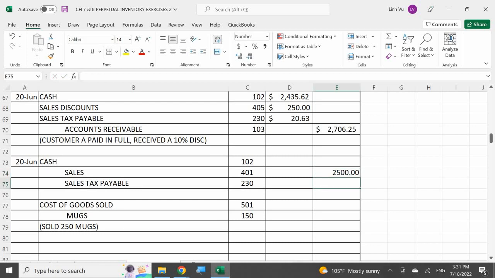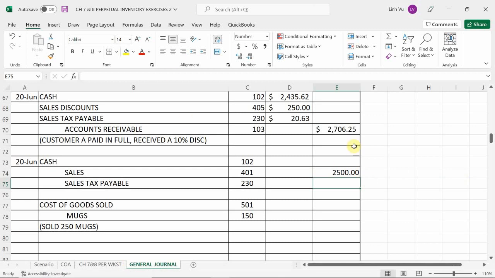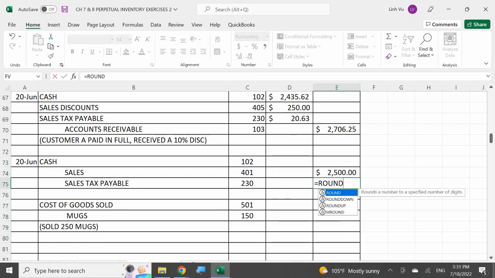Right? We've seen this exact transaction with customer A because we sold to customer A the same exact amount. We sold 250 units to customer A. So in this case, we should get 2,500. All right? How much sales tax was charged? $206.25.